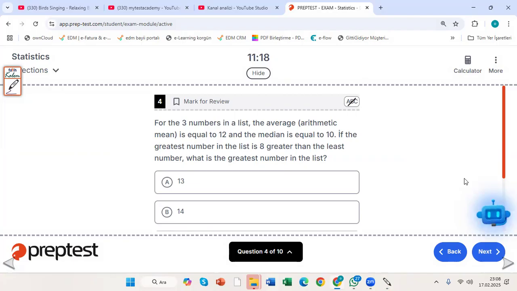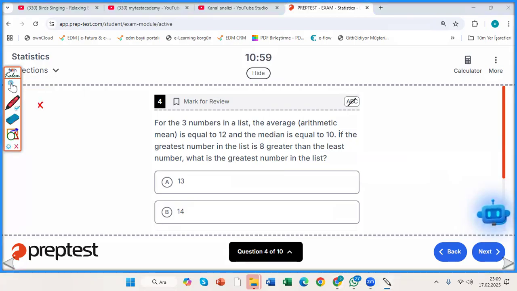For the three numbers in a list, the arithmetic average of the three numbers is 12. So assume that these are x, y, z: x plus y plus z over 3 is 12.